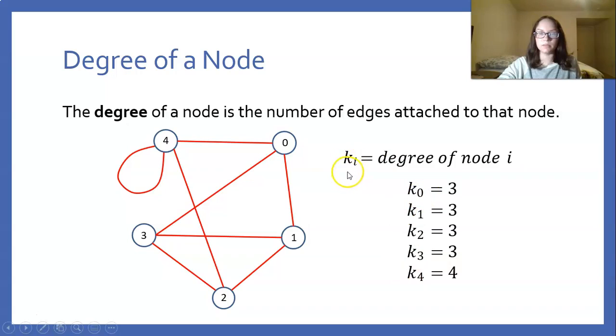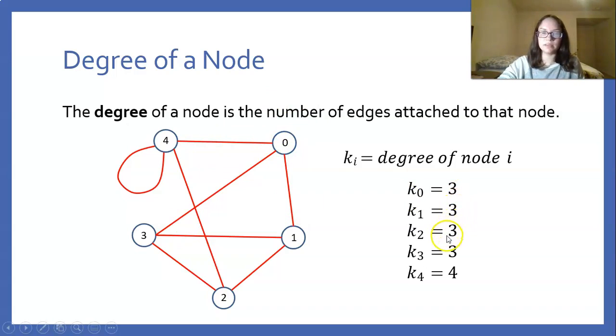We define the degree of node i to be denoted by k sub i. So we see k sub 0 represents node 0, and the degree is 3. Looking at the graph, here's node 0, and we have one edge, 2, 3 edges connected to it, so its degree is 3.